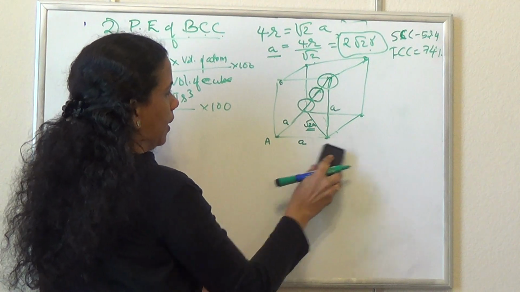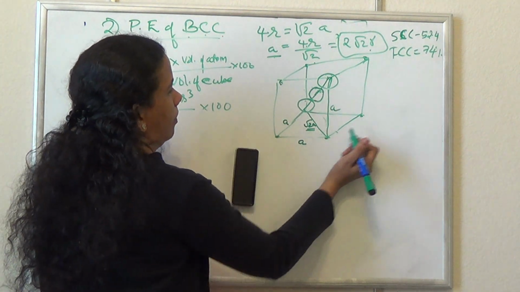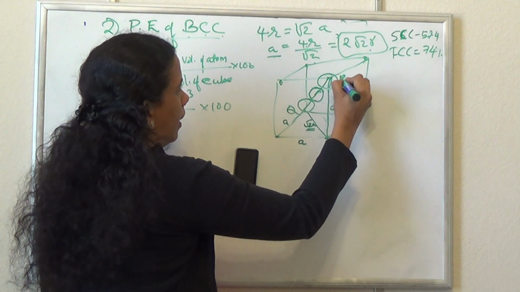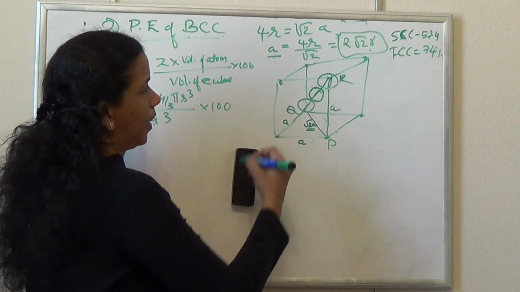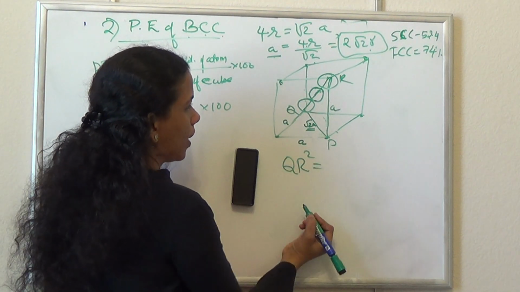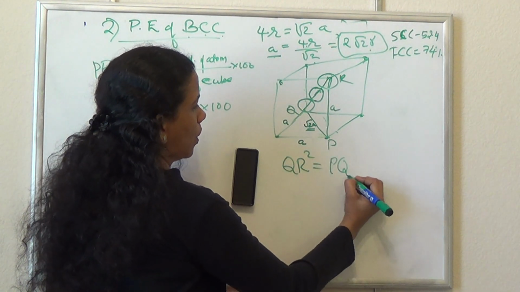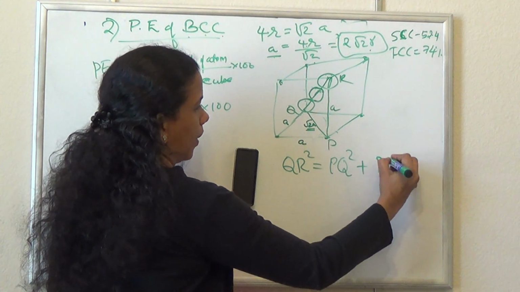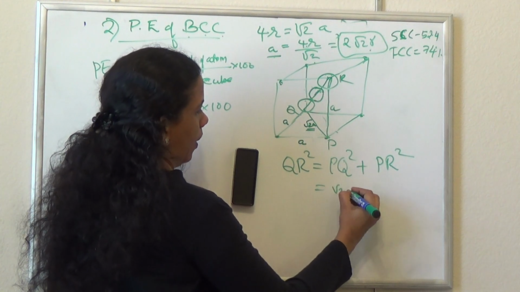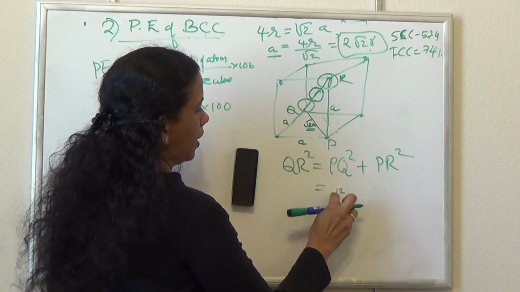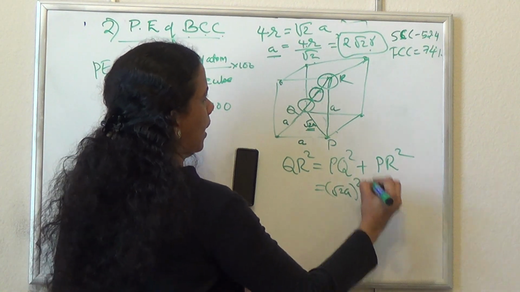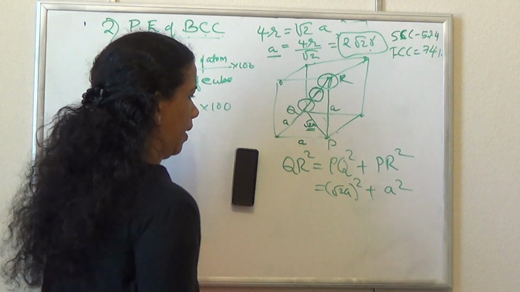Consider another triangle, that is PQR. Anyway, we have to find QR. So applying Pythagoras theorem, QR square is equal to PQ square plus PR square. PQ is root 2a, so root 2a the whole square plus PR is a square.